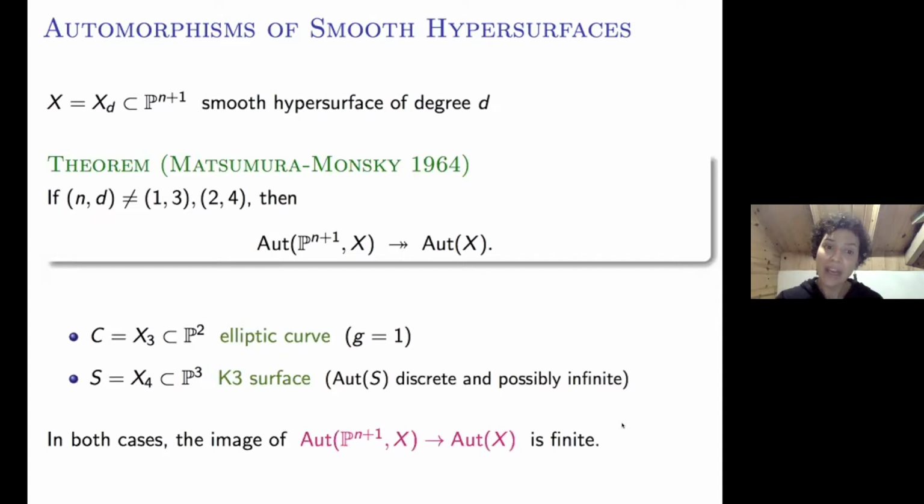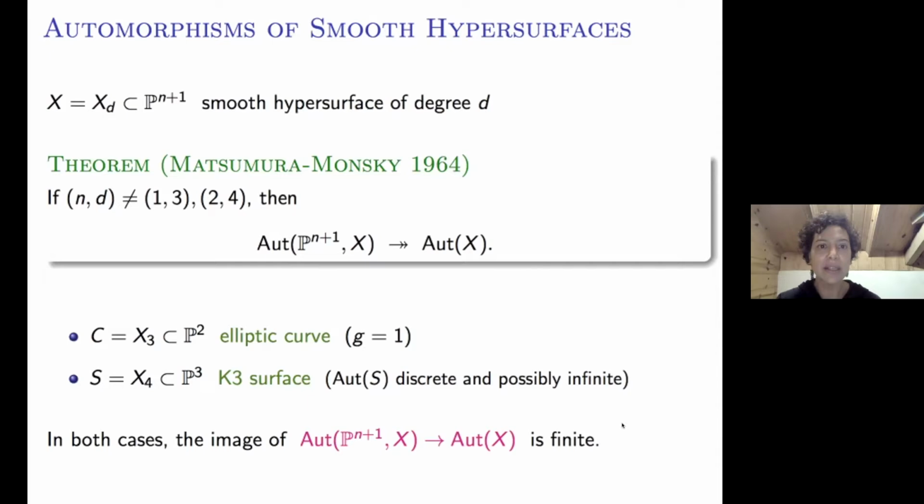But in both cases, the subgroup of the automorphism group that is induced by linear automorphisms of the ambient space is a finite group. And so one question that we are going to address towards the end of the talk is, where do these automorphisms come from? If they don't come from an automorphism of the ambient space, how can we describe them?